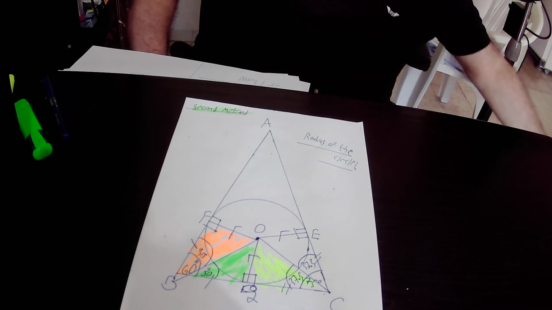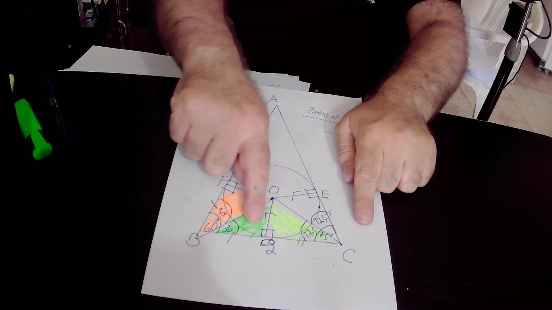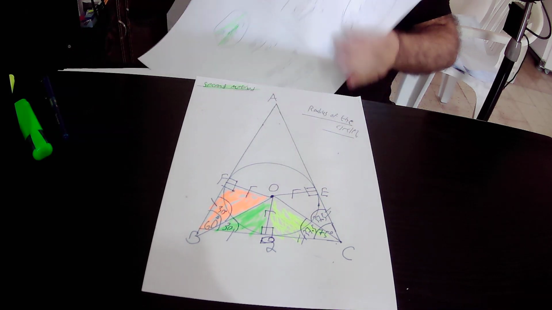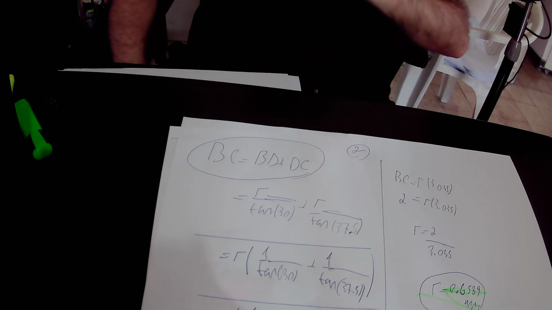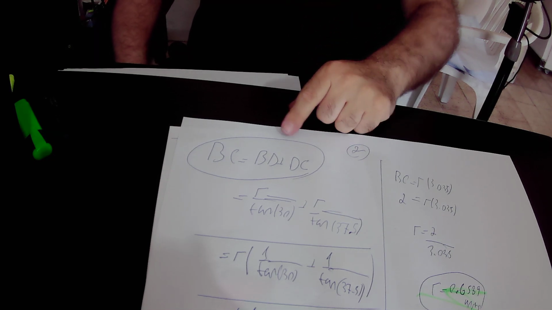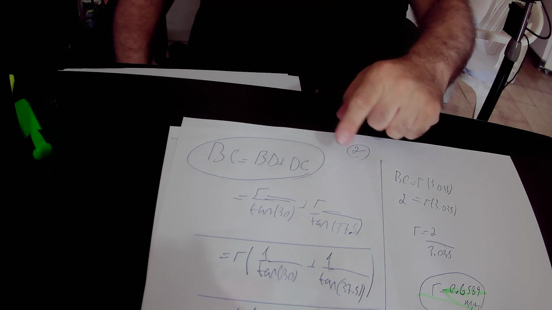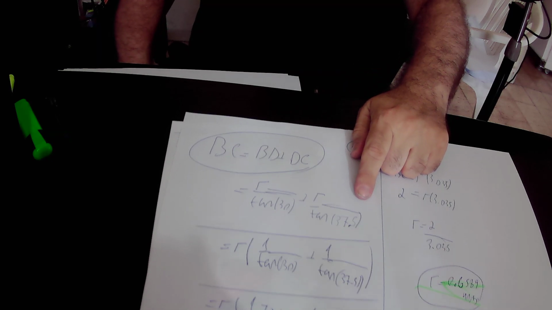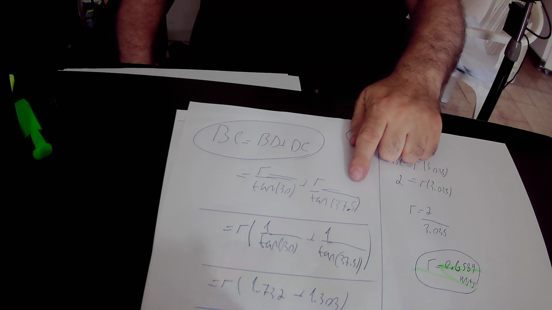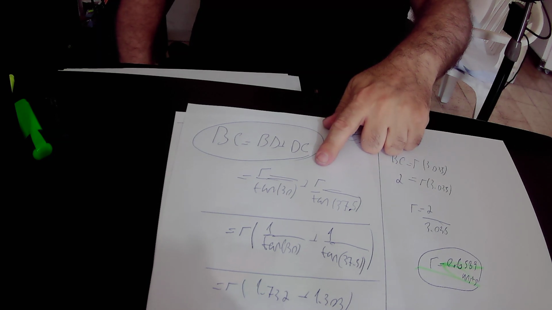Then it is very easy to see from the drawing that BC equals BD plus DC. BD equals R over tangent 30 degrees and DC equals R over tangent 37.5 degrees. We took a common factor R from those two expressions.